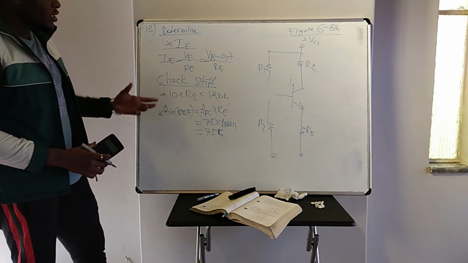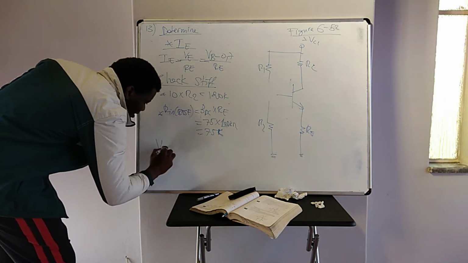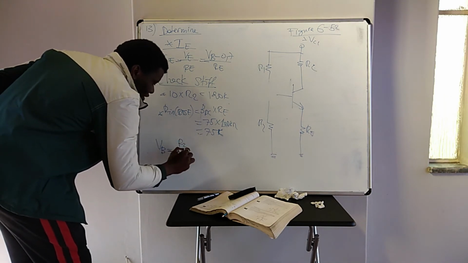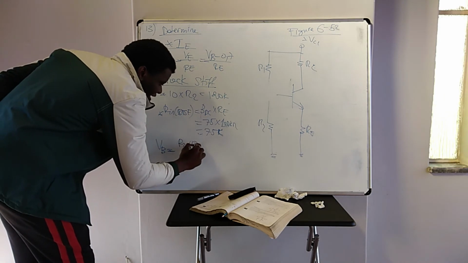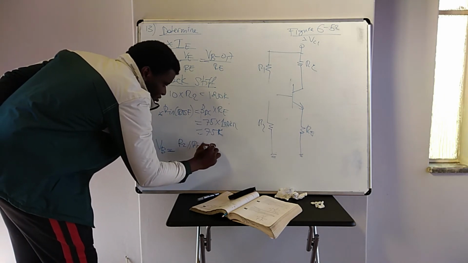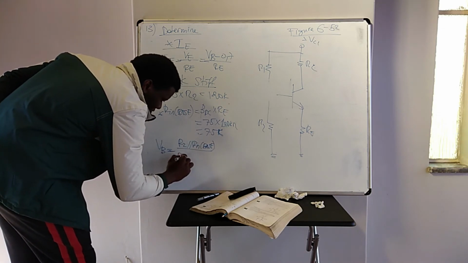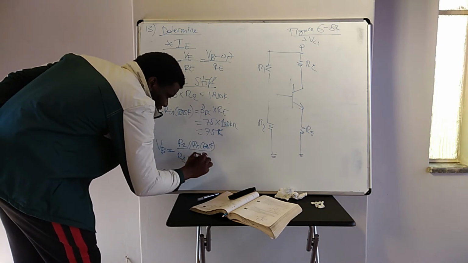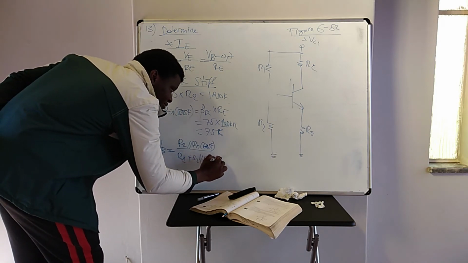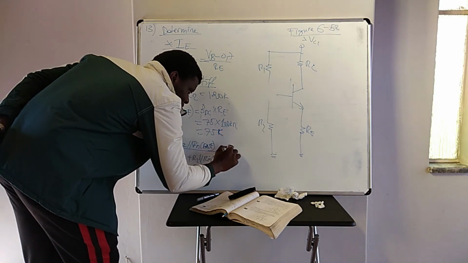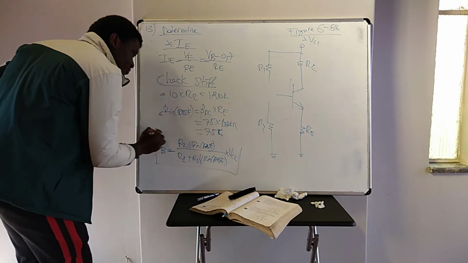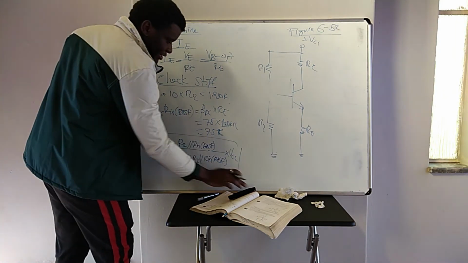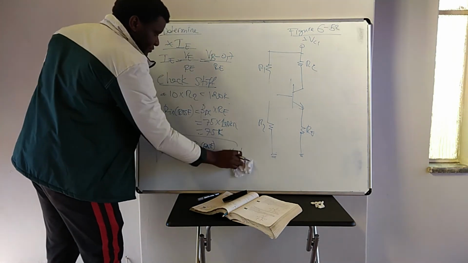So VB will be equal to R2 parallel R in base, over R1 plus R2 parallel R in base, times VCC. This is how we're going to calculate VB.